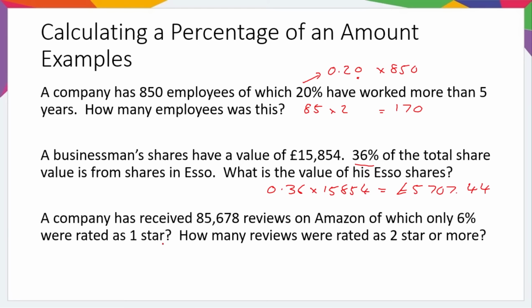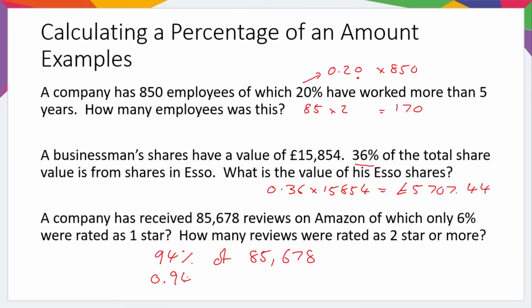For this third example, we just need to be careful that we've read the question carefully. 6% is 1 star, so 2 star or more is the remainder, which is 94%. So we want to work out 94% of 85,678. Remember, the multiplier for 94% is 0.94.